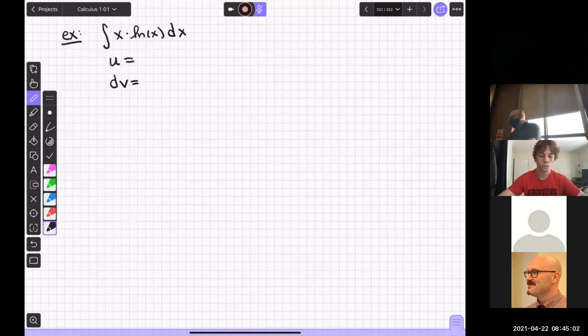Answer, no. Is this something that we could use a u substitution for? Well, we'll just think through in our heads. If we make our u be equal to the x, no, that's not going to work. That's just relabeling it. If we make our u be equal to the ln, well, then our du is 1 over x, which doesn't appear in the rest of the problem. So that doesn't seem like probably a good choice either. So it's probably going to be an integration by parts.